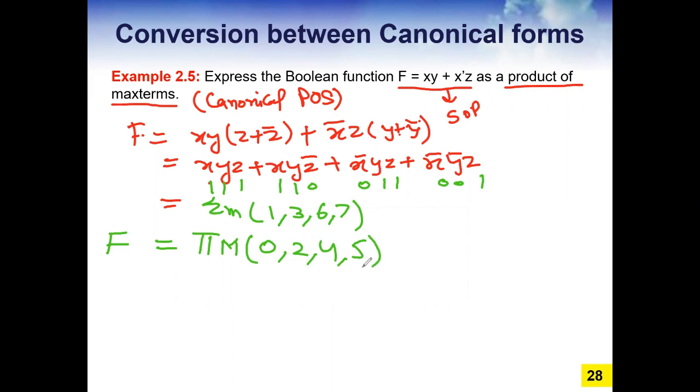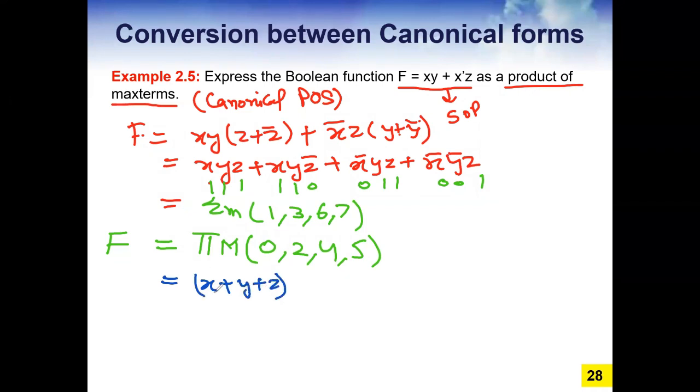And how do we write these? 0, 2, 3, 4, 5. So just list accordingly. How will we write 0, girls? X plus Y plus Z.